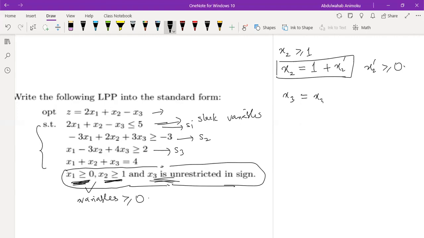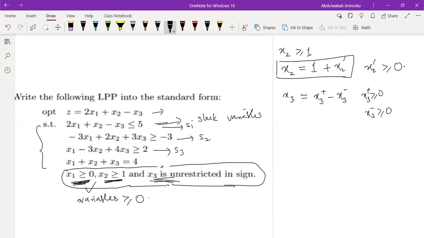A natural way to pick this is to pick the difference of two non-negative numbers, and I'll explain why.